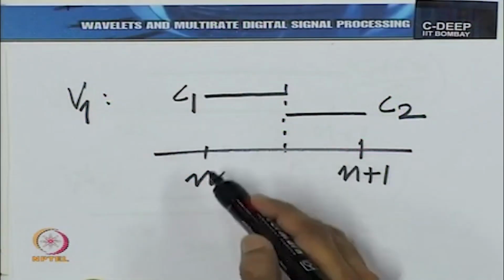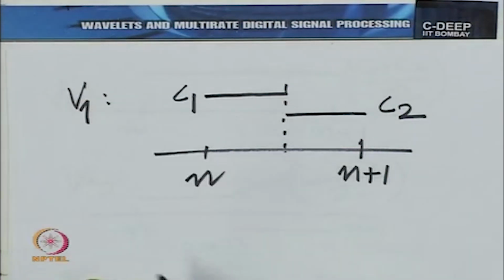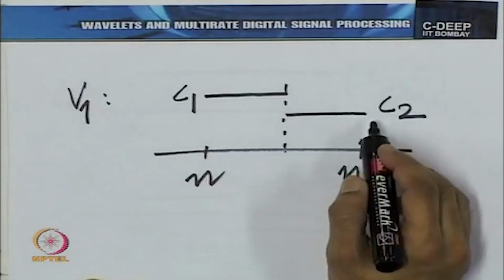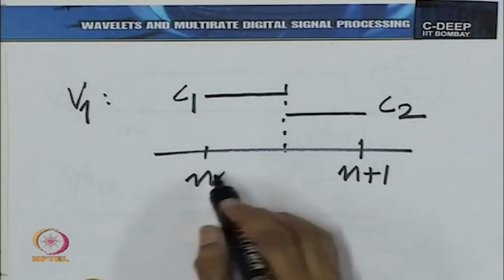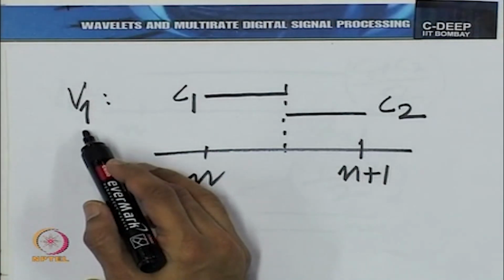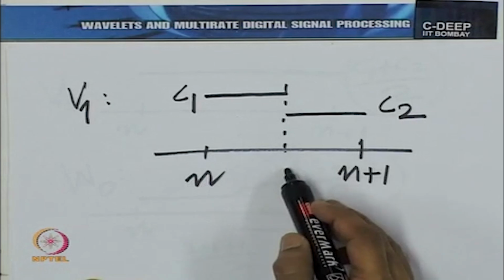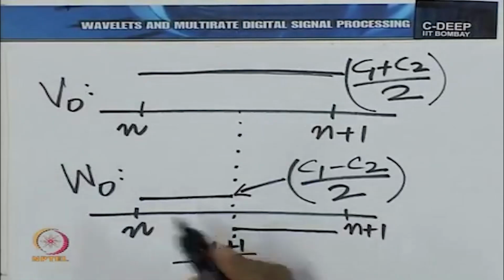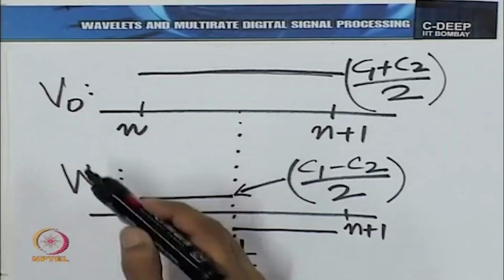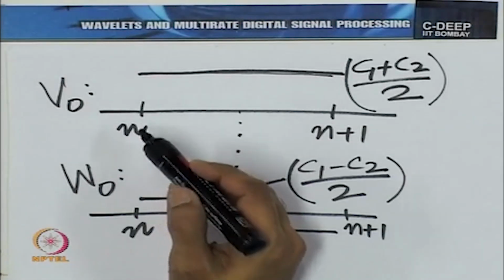If you look at it, here C 1 would be the value of the sequence at 2 n, the sequence corresponding to the function in V 1, and C 2 would be the value of that sequence at 2 n plus 1. Interestingly, the values of the sequence corresponding to the function in V 1 at the points 2 n and 2 n plus 1 relate to the values of the sequences corresponding to the functions in V 0 and W 0, but at the points n and not 2 n.